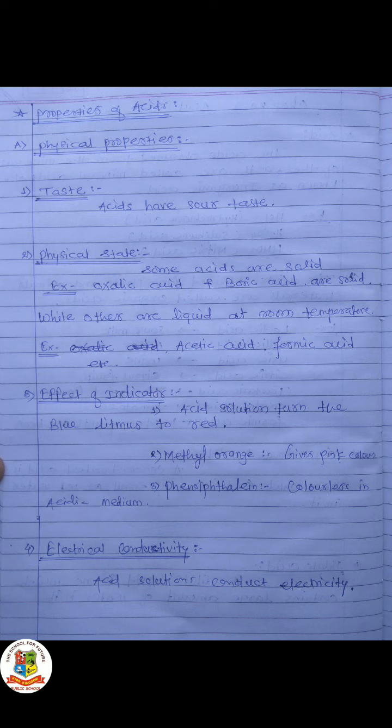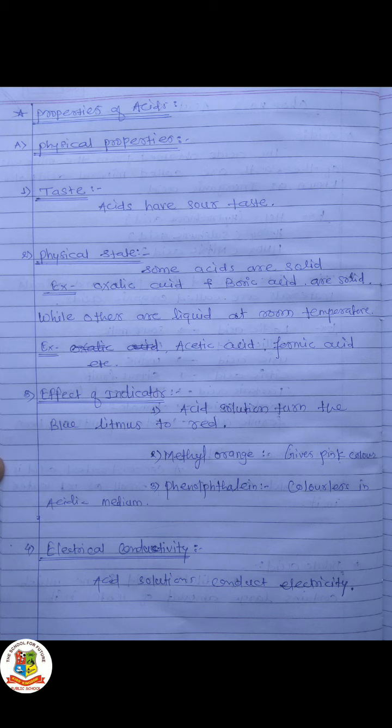So what are the examples for the liquid state? Acetic acid, formic acid, sulfuric acid. These are present in the liquid state. I hope that you understood about the state of acids. Acids are present in solid state and liquid state.